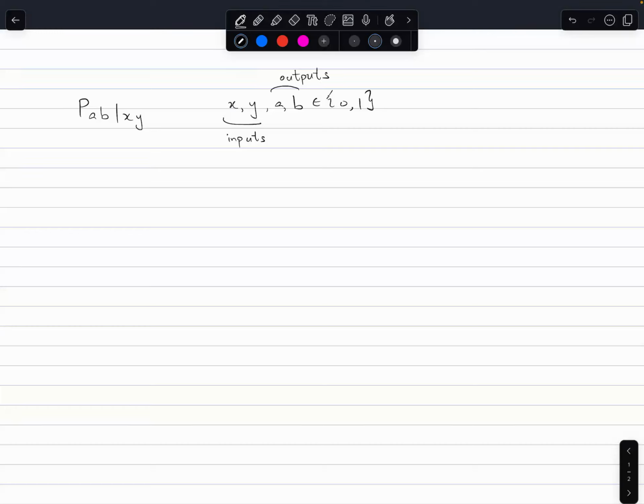For example, one probability distribution vector that gets us the optimal value for the CHSH inequality looks like this. I'm writing it as a matrix. I'll quickly explain how to think of it as a vector.